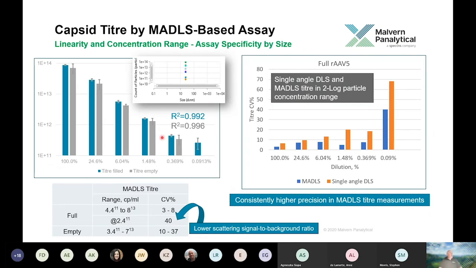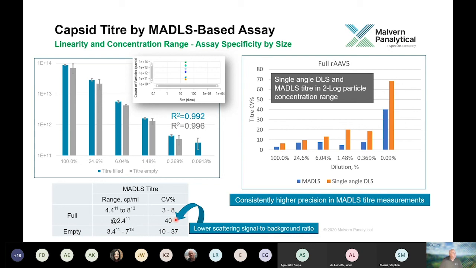In this example, we're looking at the linearity and the concentration range. So we're looking at both filled and empty AAVs, and we're varying the concentrations. We're looking at how well the size remains constant, and we can see that's very consistent, and the R² values in both cases are exceptionally high. Where it becomes quite poor in terms of linearity is at the lower concentrations.